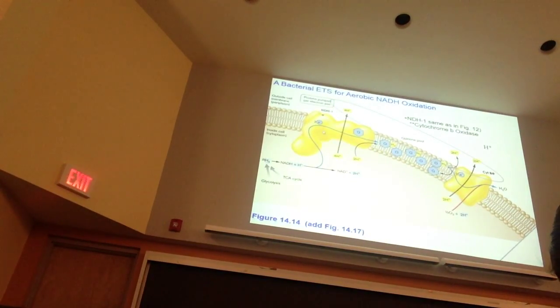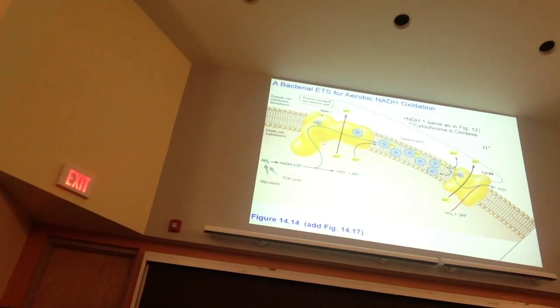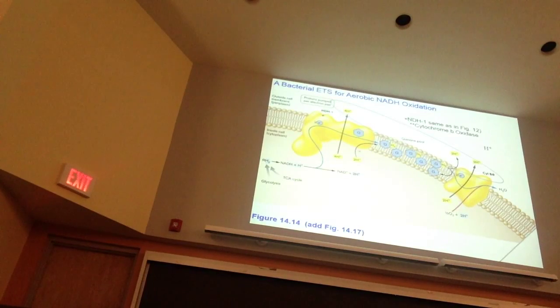So, basically 3 biochemical components to the electron transport chain. This is a little bit simplified, but it represents a lot of electron transport in a lot of organisms. NDH1 transfers electrons to this coenzyme Q pool, which ultimately transfer to cytochrome B oxidase, and those electrons are transferred to oxygen to be reduced and to form water.